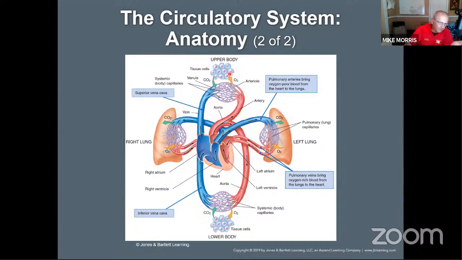This up here represents the tissue, like your brain, things like that, in the upper part of the body. This would be down here, the lower part where your legs and feet are. I'm not even going to go through the blood flow because you know that by now.